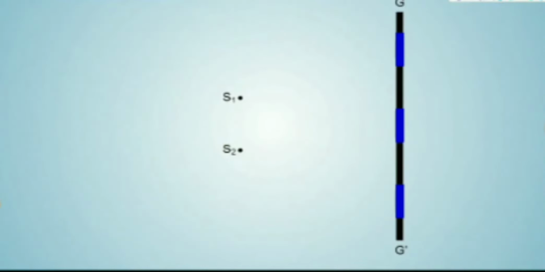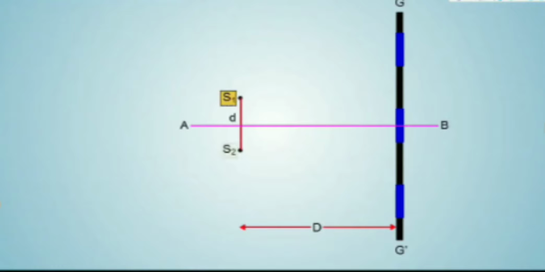Let the distance between S1 and S2 be d, and the distance between the pinholes and the screen be D. Let AB be the perpendicular bisector of the line joining S1 and S2, and O be the intersection of the line and the screen.